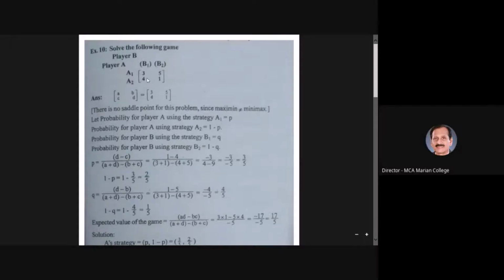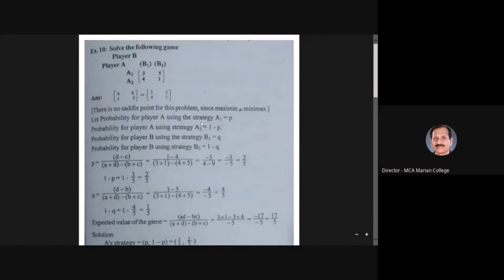So 3 is not equal to 4, maximin is not equal to minimax. You can just check that. In this case, we can use the probability method. This is a 2 by 2 matrix, so you can use the probability method.